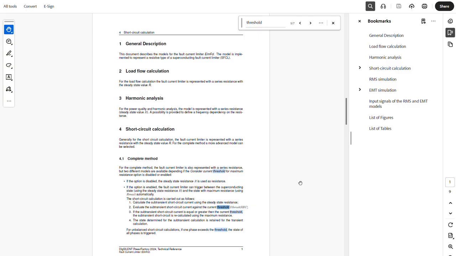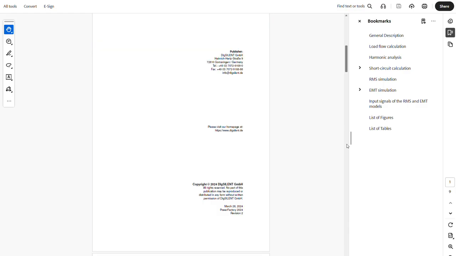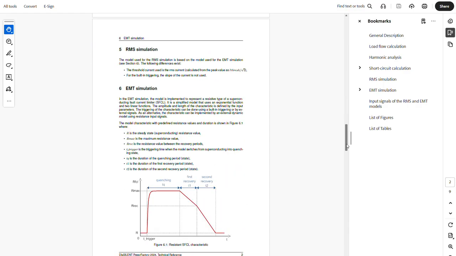If you open the PowerFactory model for the fault current limiter, here you can see this curve. This curve says that first we don't have the resistance. The R is the steady state resistance value.